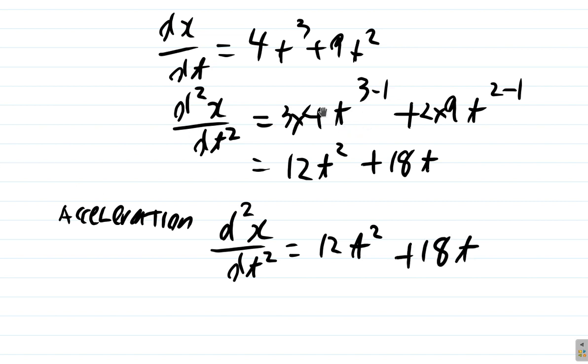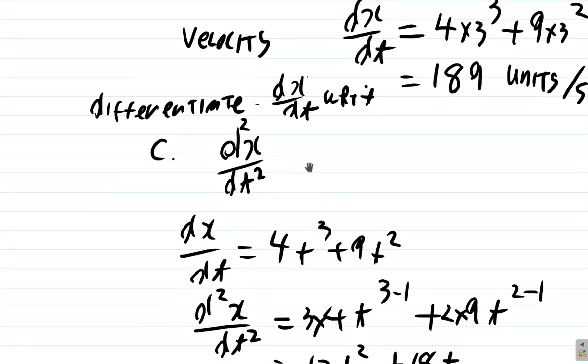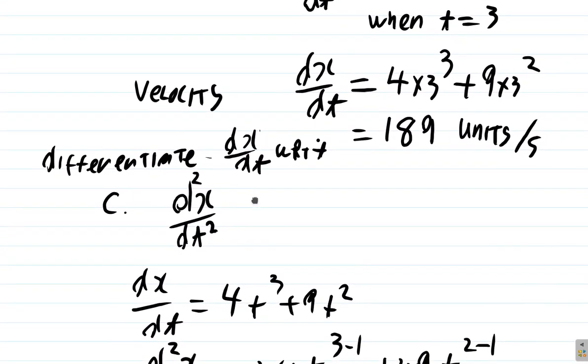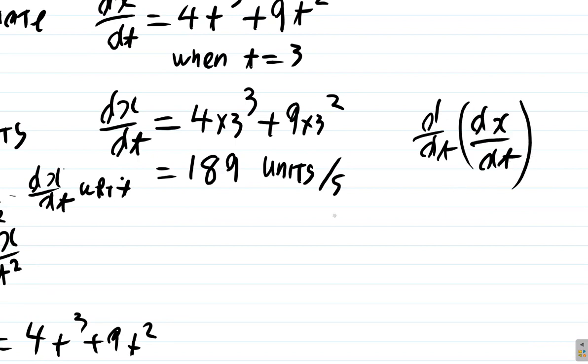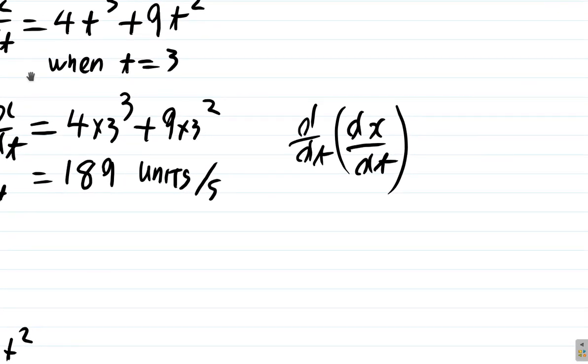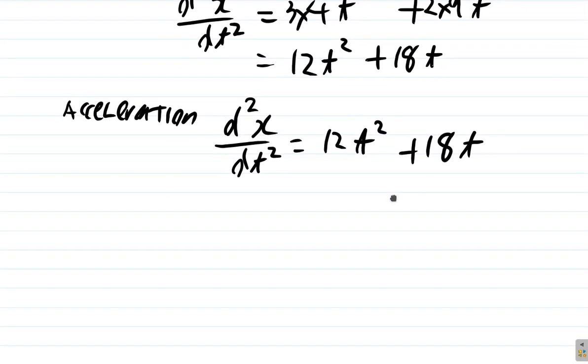Remember, this is the symbol we use. What we really found was d by dt of dx by dt, so we call it d squared x by dt squared. And this is what we end up with here.